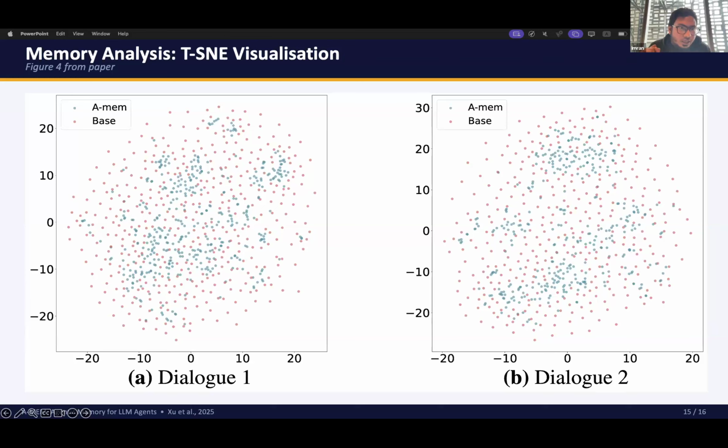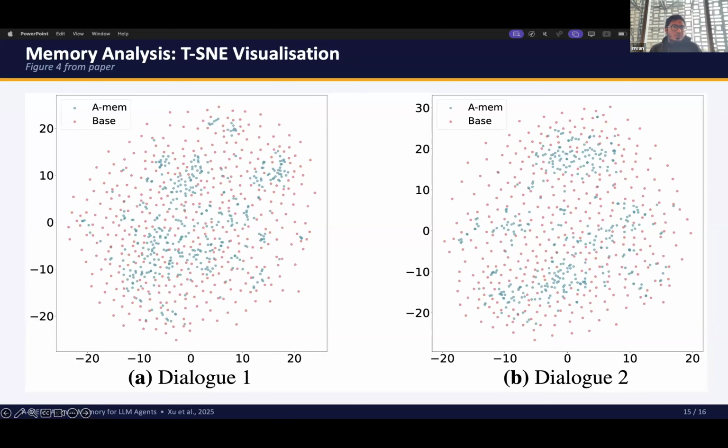And lastly, they did a t-SNE visualization for one conversation. The left one is one conversation, the second one is a different one. The red ones are the base LLMs, and the blue ones are the A-MEM ones.